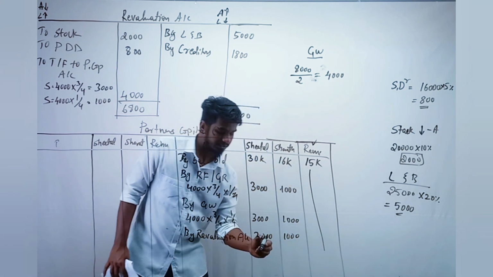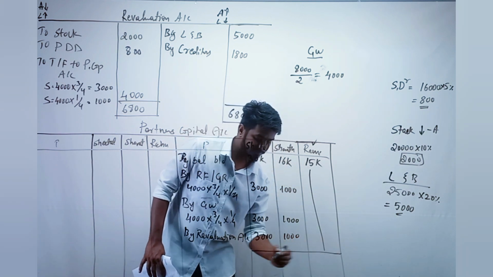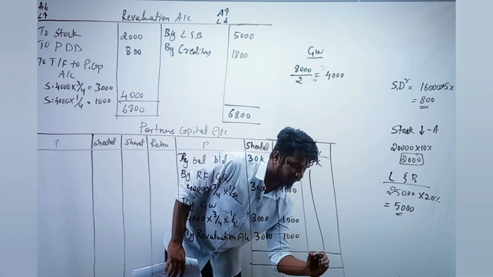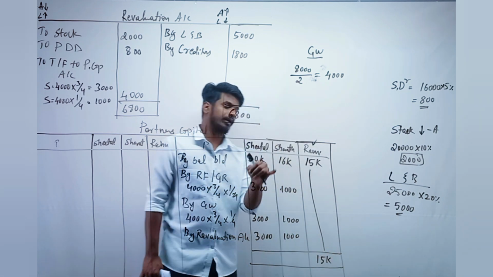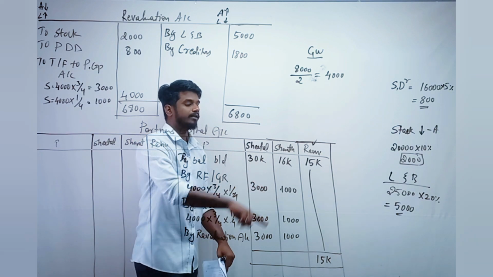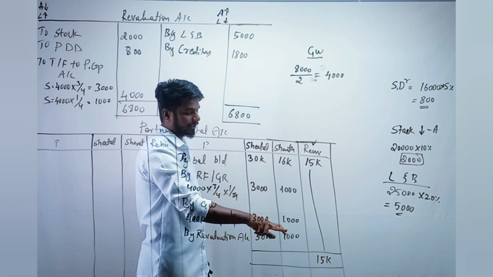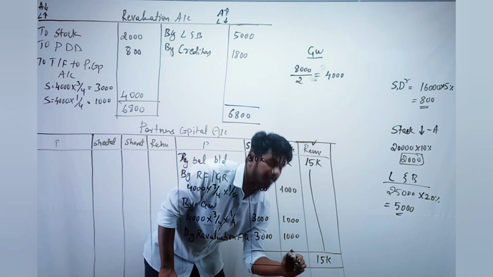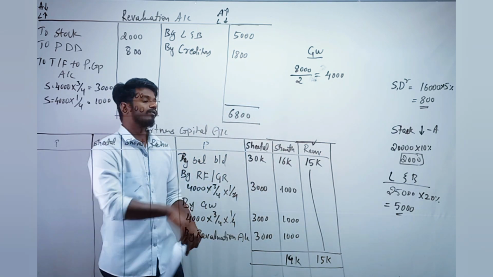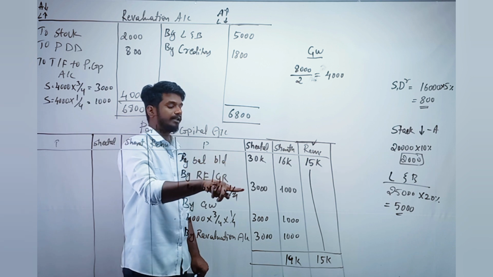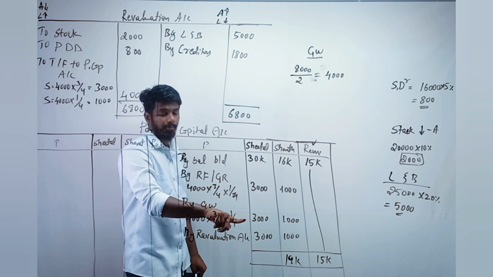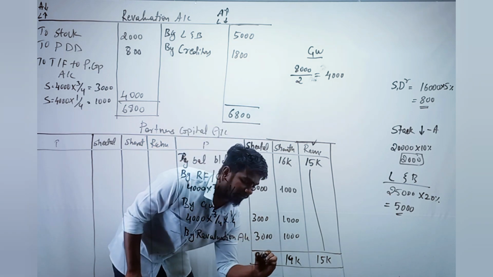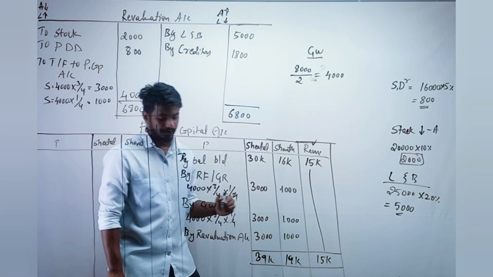Now total these. It is 15k for Renu. For Sharad, 16 plus 1 is 17, plus 1 is 18, plus 1 is 19k. For Sheetal it is 30, 33, 33 plus 3 is 36, 39. The total will be 39k, correct.